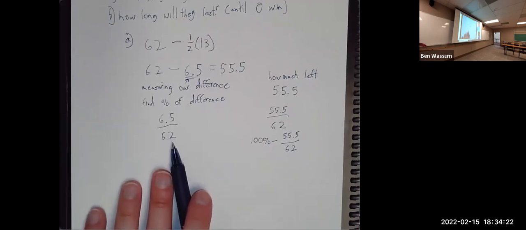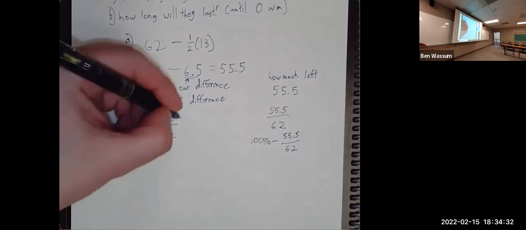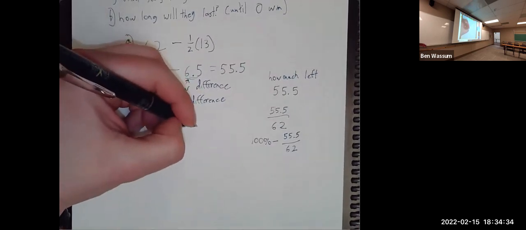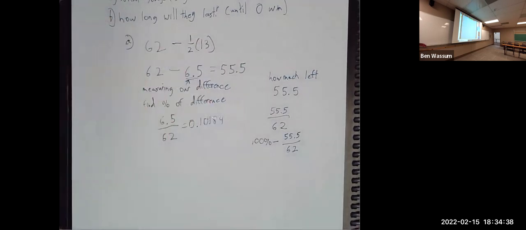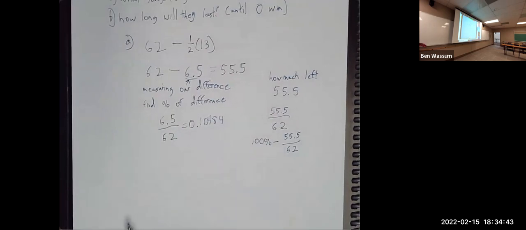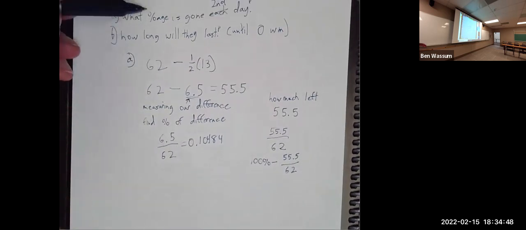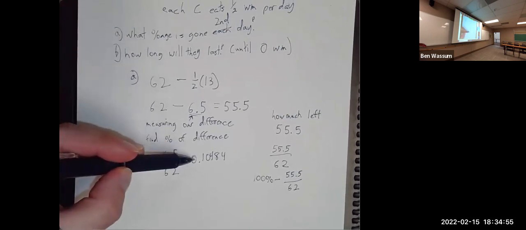So we have 6.5 over 62. That ends up giving me 0.10484 or so. I'm just going to take a bunch of decimal places. Now, if I'm being asked what percentage is gone in that day, I have to convert this to a percentage, right?